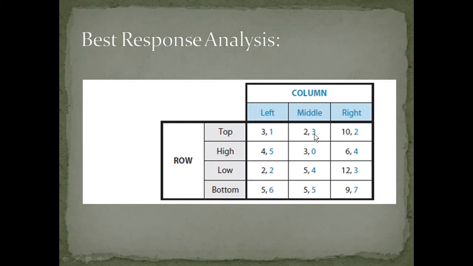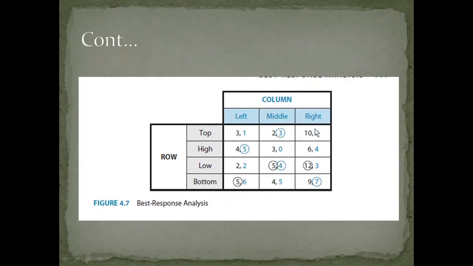Clearly middle, because that is giving him or her the maximum outcome. So in this way, if you eliminate, this is what you'll arrive at. So this is the Nash equilibrium in this particular case. In this way, you can find out if there is a unique Nash or there are multiple Nash, or it might so happen that there are no Nash equilibria at all.